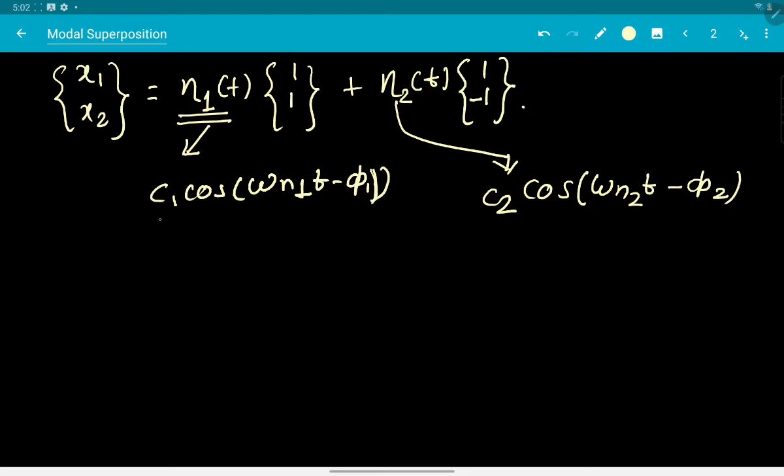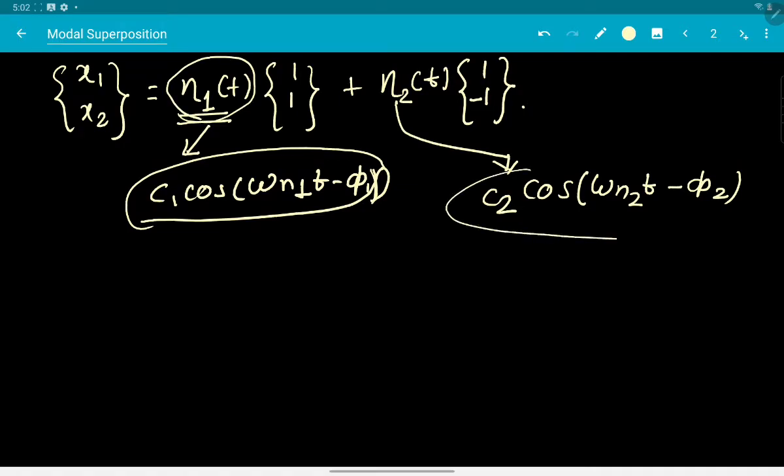So this is the first part, which is eta 1, and this is the contribution of the second mode, which is eta 2. As time progresses, the contribution of mode number 1 and mode number 2 keeps changing, and that determines the vector x1 and x2.